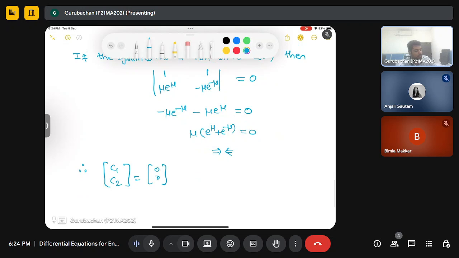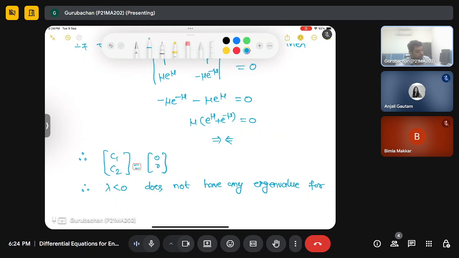Again, we say that lambda less than 0 does not have any eigenvalue, or you can say it does not contribute in the sense of eigenvalue for the given SL system, that is Sturm-Liouville system.